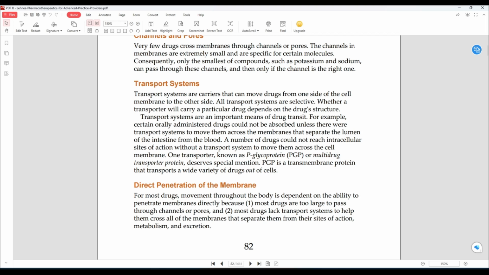One transporter, known as the P-glycoprotein or multi-drug transporter protein, deserves special mention. PGP, again that P-glycoprotein, is a transmembrane protein that transports a wide variety of drugs out of cells.